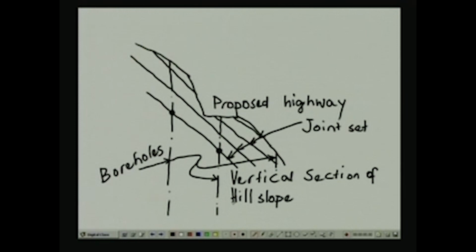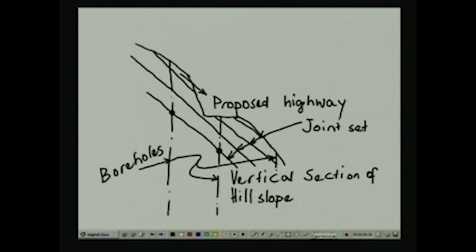Now, that is very important, because if we are proposing a highway through a hillside which is underlain by a jointed rock with a joint set like this, then if you excavate in this manner as shown, that is going to trigger a possibility of rock slides, as we have learned from a presentation some time back. So, this type of joint orientation is not really very good for the highway facility proposed here.